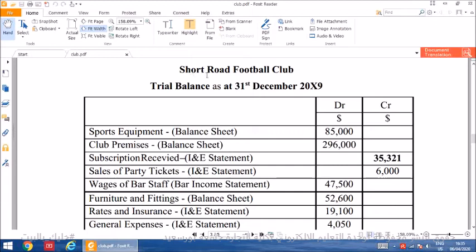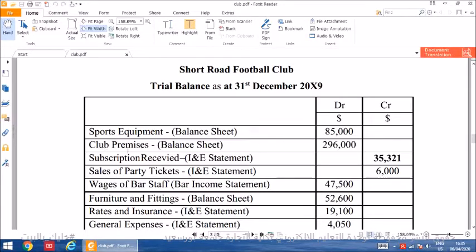Short Road Football Club trial balance at 31st of December 2009. Debit, credit. Sports equipment, balance sheet, debit, the normal balance. For sports equipment, normal balance is debit.